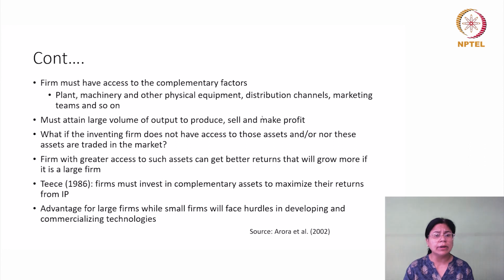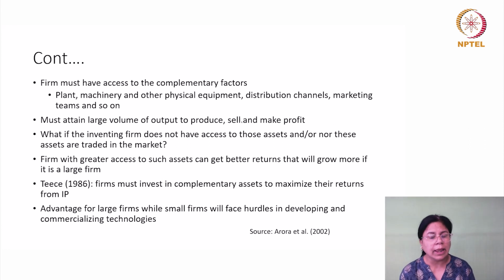Now think, what if the inventing firm does not have access to those assets, and moreover those kinds of assets are also not available for trading in the market? That means these companies will not be able to go and buy them and then build up the entire product. Suppose they are not available, then what will you do?